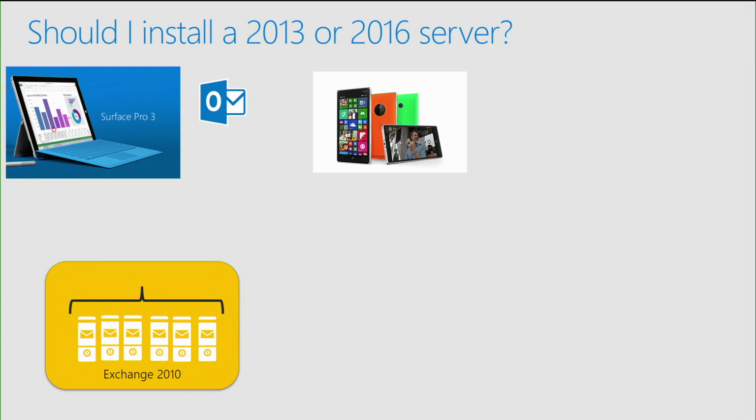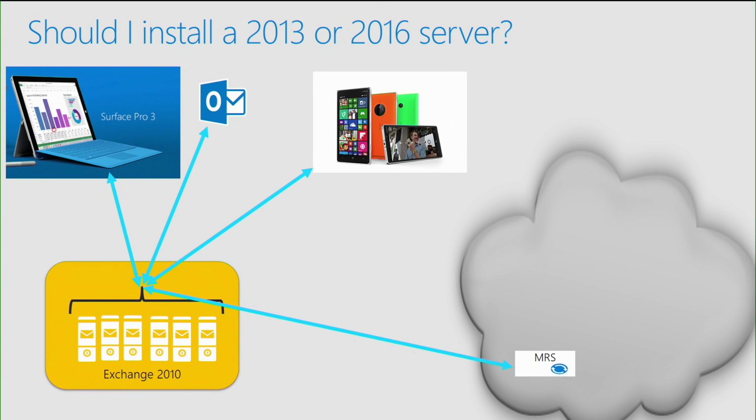So we often get this question of, should I go ahead and move forward with installing a 2013 or a 2016 server? Important to understand that all of this connectivity from Office 365 is actually going to be coming into your organization in the same way that the external users or the mobile users, the home users of your organization are accessing your on-premises deployment today.